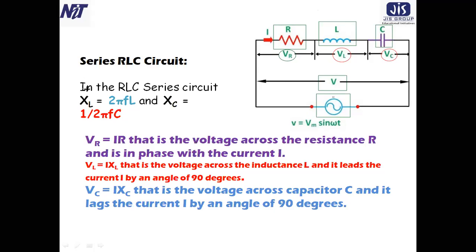Now in the RLC series circuit, what is XL? You all know XL is omega L. We all know that XL is called the inductive reactance, that is omega L. Omega is 2 pi f, into L. So it is directly written here: XL equals 2 pi f L. And what is XC?